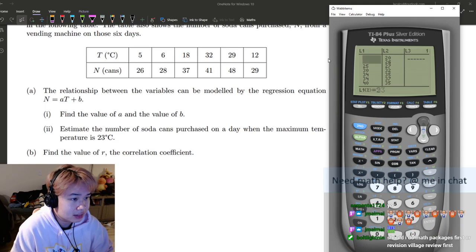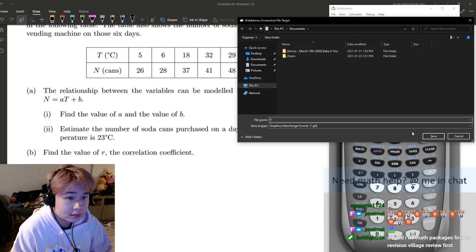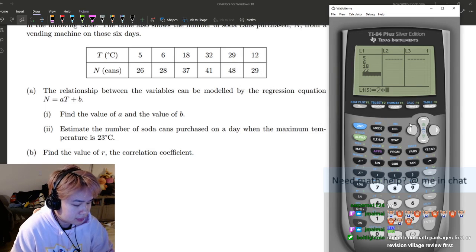Actually, first we should clear the list and then add our numbers in. So 5, 6, 18, 32, 29, and then 12.